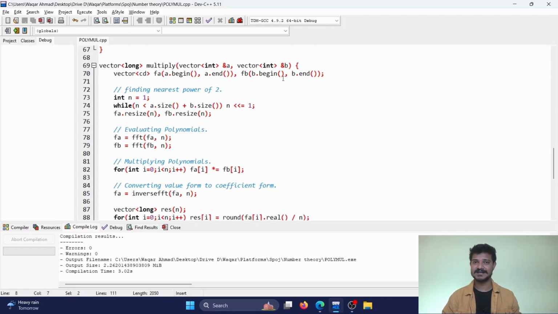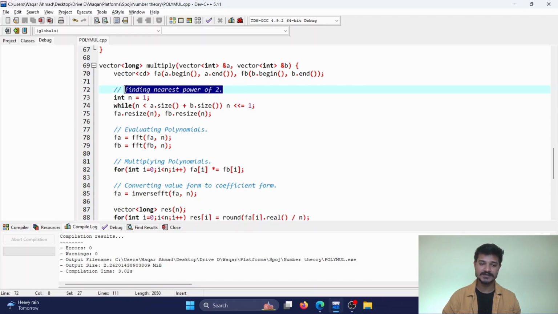Once we are done with the conversion, we will calculate the nearest power of 2. Why power of 2? So you remember in the lecture I told you, I'll tell you the reason why we go with power of 2. So in recursion, what we do, we keep on dividing n by 2, right? You have a polynomial that you want to be evaluated on n points. You make recursive call and divide n by 2, n by 2, n by 2, n by 2, keep on going, right, till you reach 1.